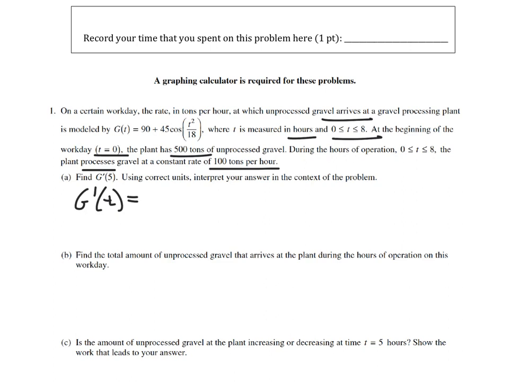The derivative of the inside, this is like 1/18 t squared, would be 2/18 t, or 1/9 t, times the derivative of the outside. Derivative of 45 cosine would be 45 sine. Negative, actually. The derivative of cosine is negative sine. And that's going to be t squared over 18 inside.